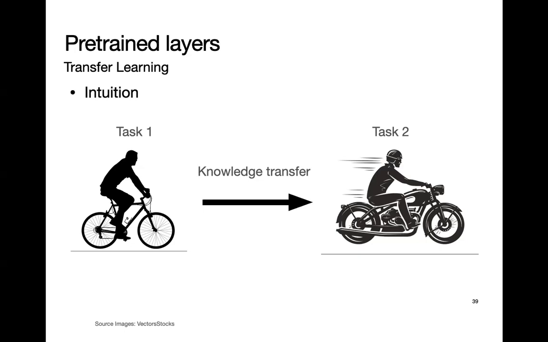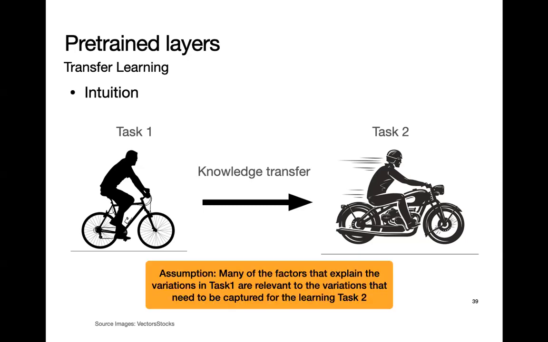Because the assumption here is that the factors that help you to learn how to ride a bicycle are the same factors that can be useful to impact the learning of riding a motorcycle. So that's a core assumption. Can we use that for neural networks? Yes, we can actually use that, and it works pretty well.